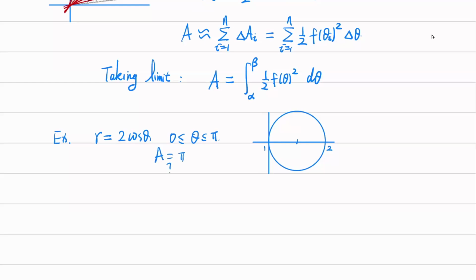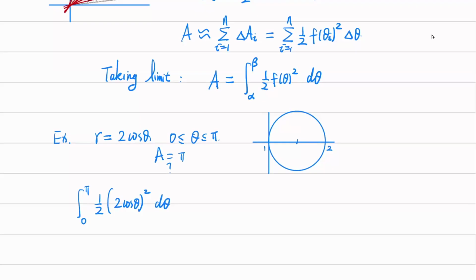We check if it's correct using our formula: 1/2 integral from 0 to pi of (2 cosine theta) squared.